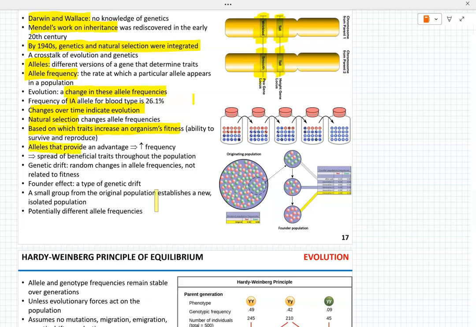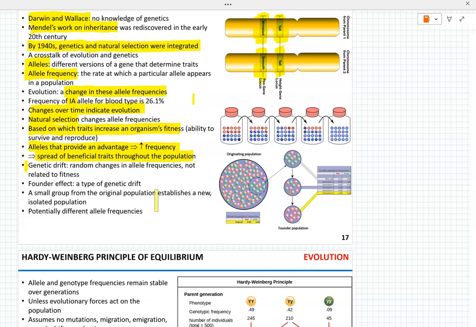So alleles that are more advantageous are going to increase in frequency, which results in the spread of beneficial traits, beneficial for survival in these particular circumstances, throughout the population. I can't stop reminding you all that a trait that is beneficial for a certain environment may be detrimental for a different environment.